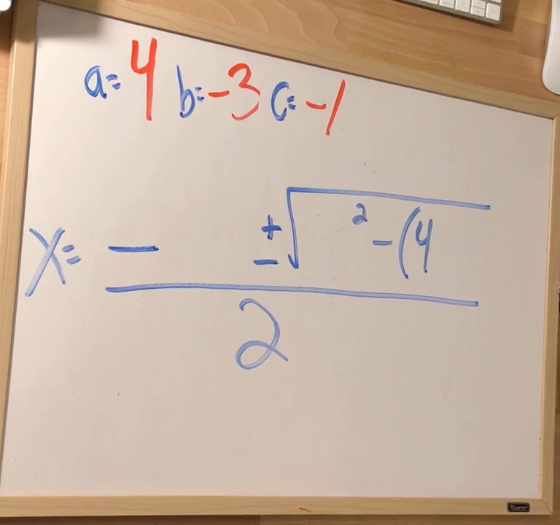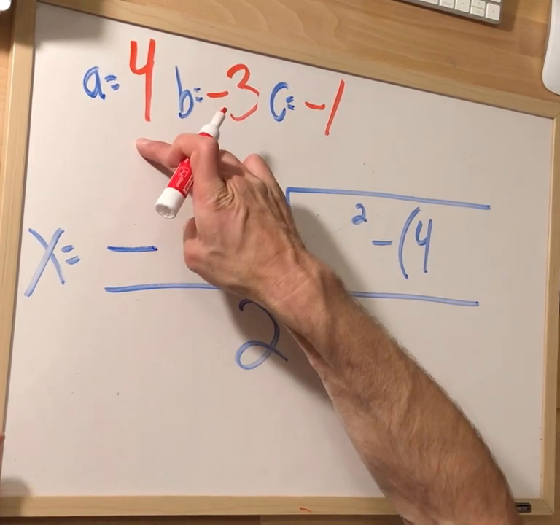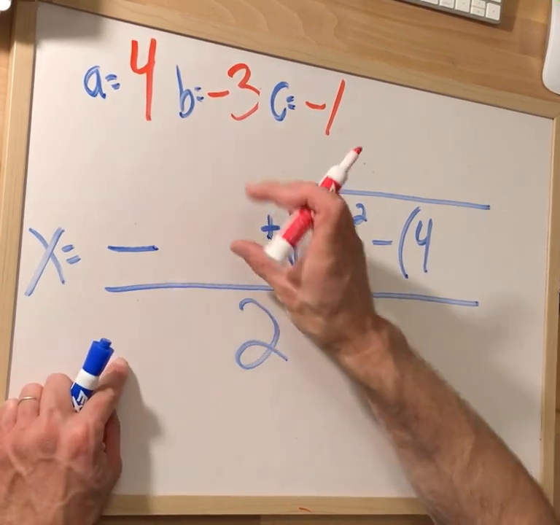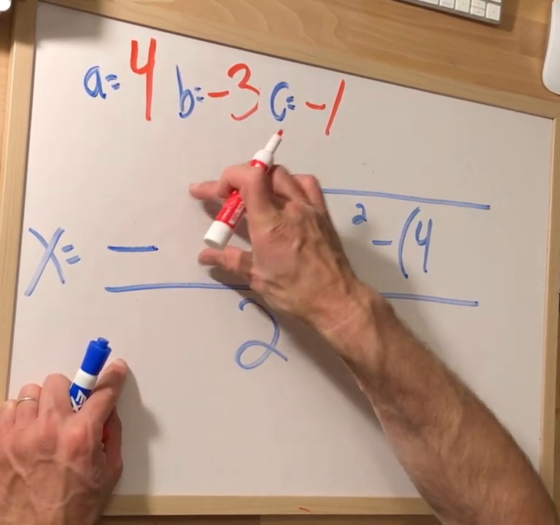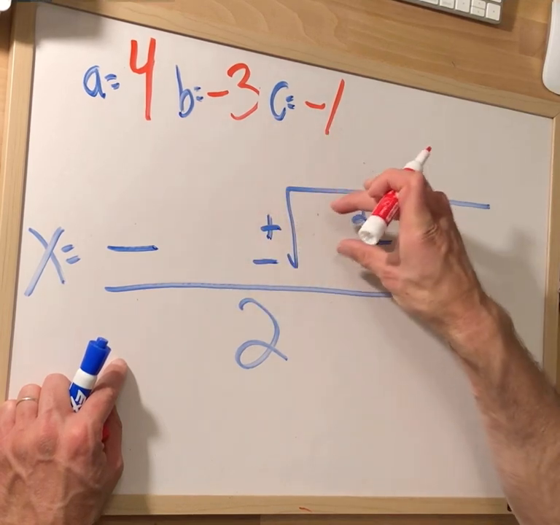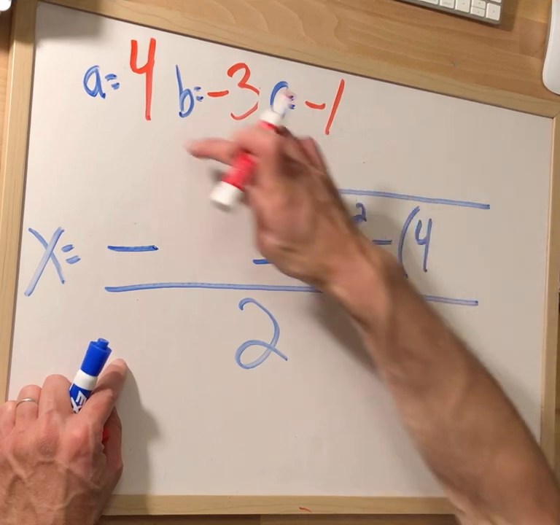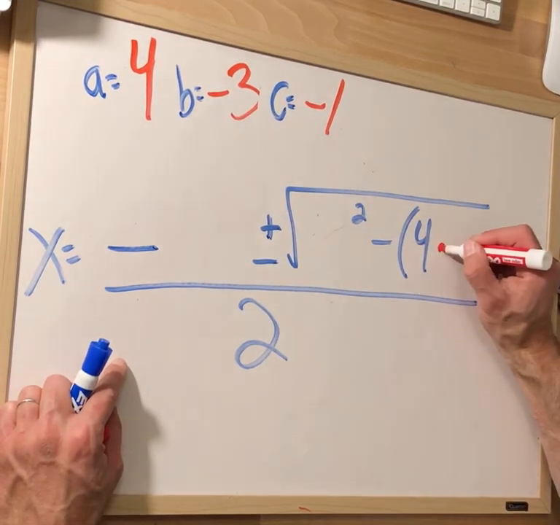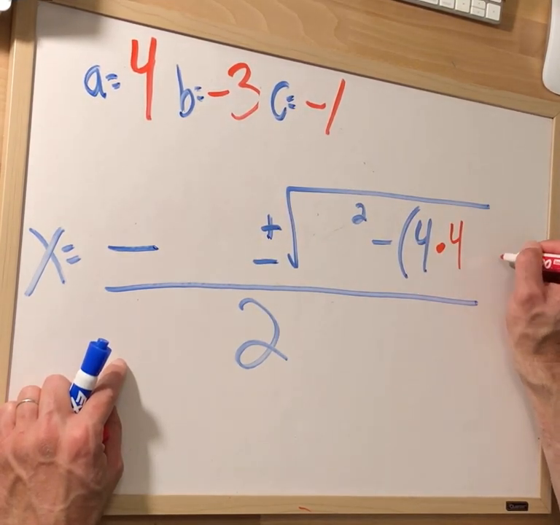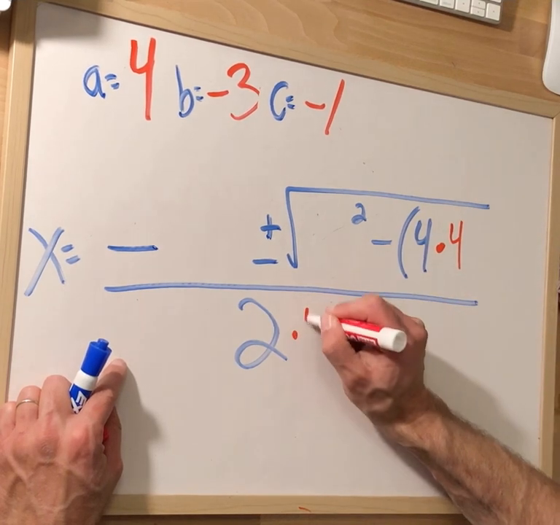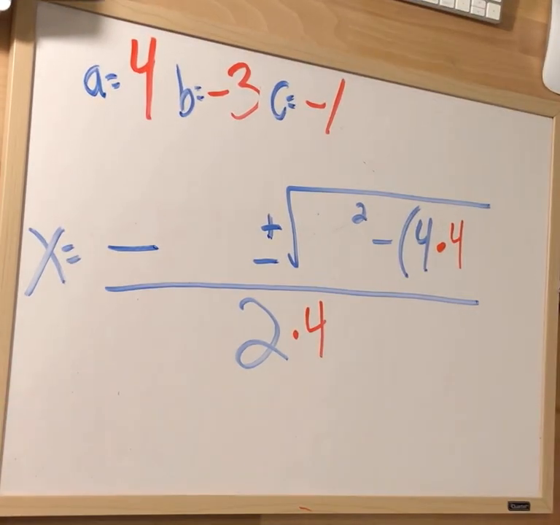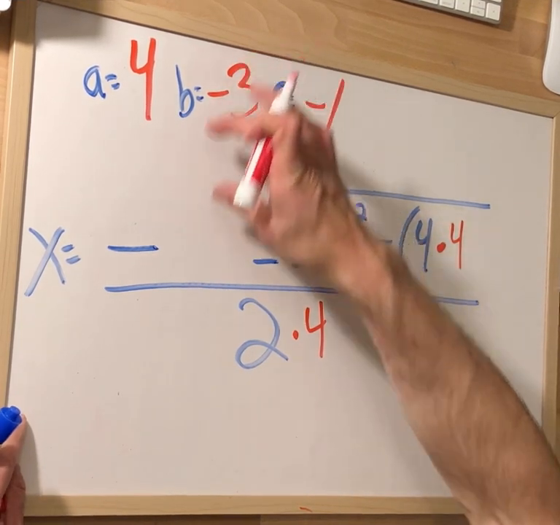Let's start off with replacing everything in here with 4. If you look on the notes, this is negative b plus and minus the square root of b squared minus 4 times your a. I'm going to replace my a with a 4, times my c, all divided by 2 times my a. All right, now let's replace all the b's with numbers. I'm going to plug a negative 3 into here.